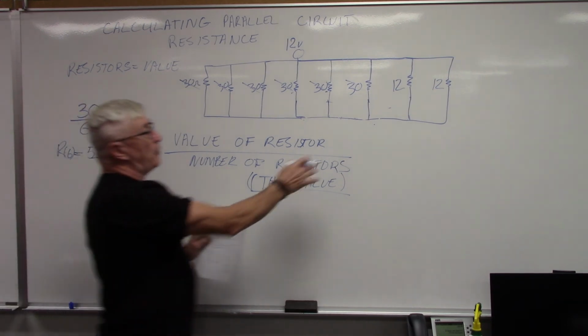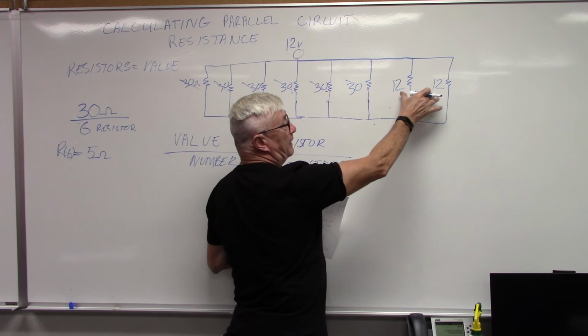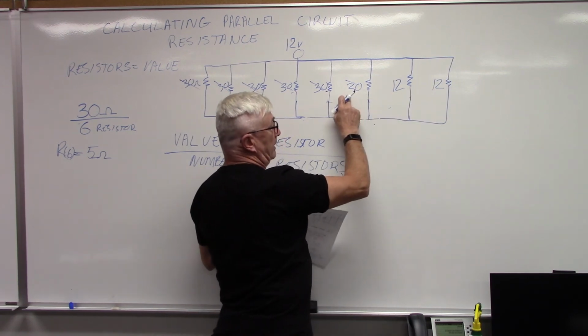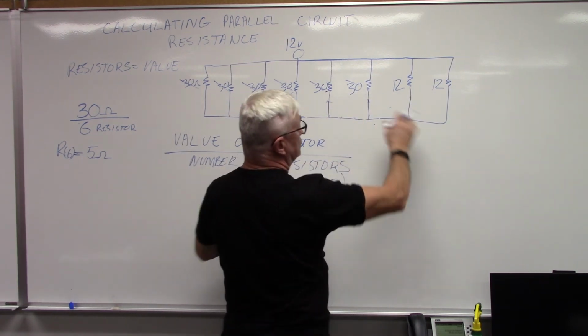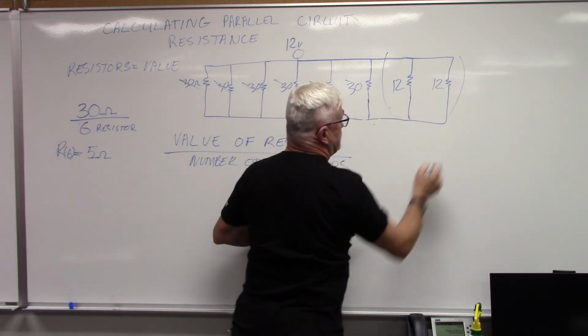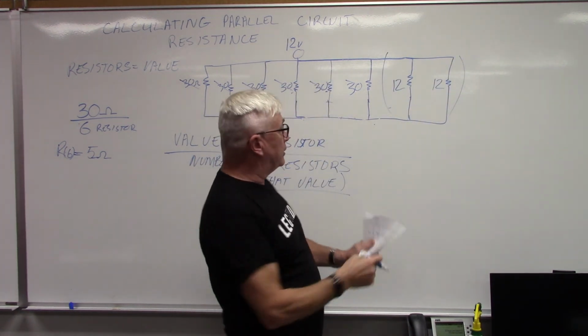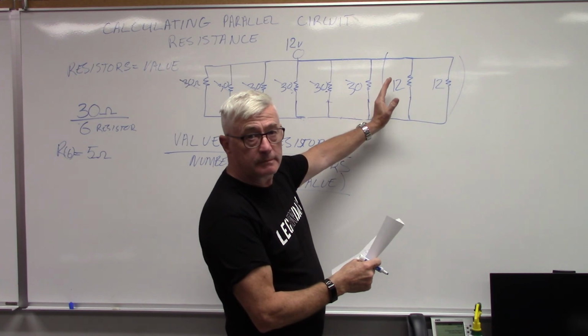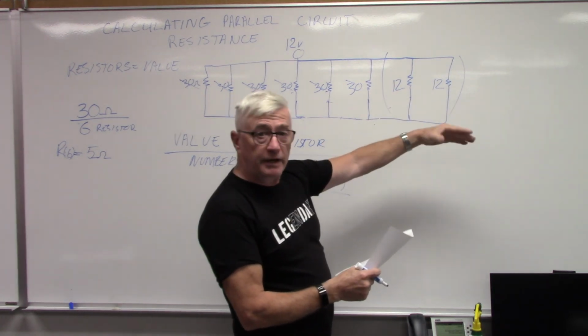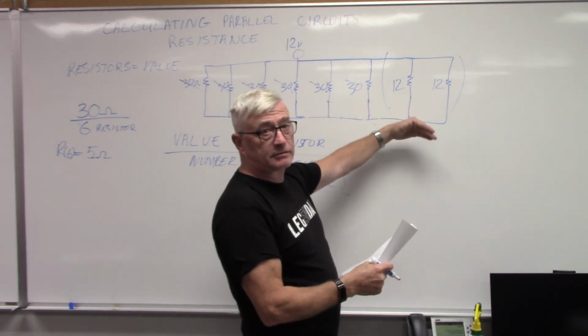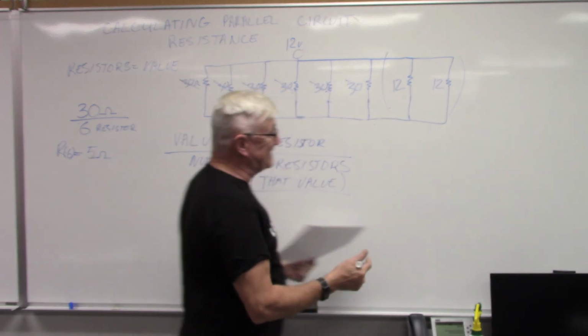All right? Now we have 2 resistors on the end that are different. They are not 30 and they are not 5. And so we have to treat them as a separate thing. But because they are the same, now we could do product over sum, right? 12 times 12 is 144 divided by 12 plus 12 is 4, which is going to give me the same answer.